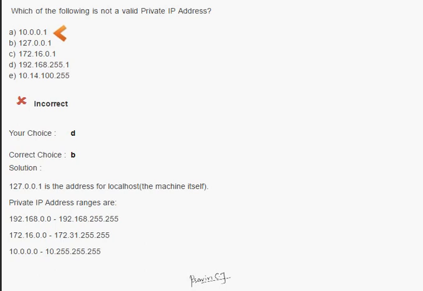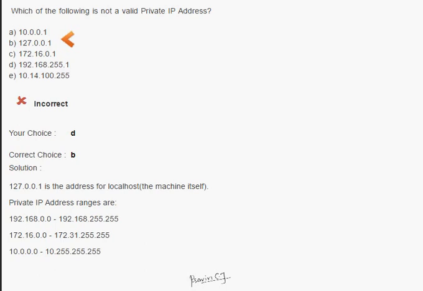Private IP address. Now this is 172. What answer have I given here? Option B. Why did I give option B? I thought that it is a loopback address, a localhost address, which is not a valid IP address, I thought so, which is wrong thinking.